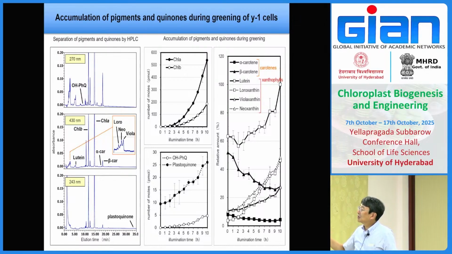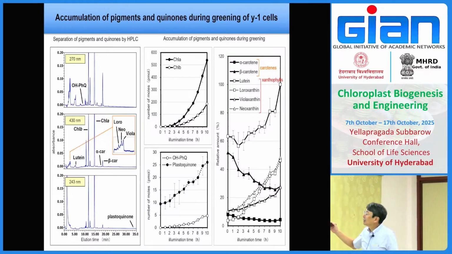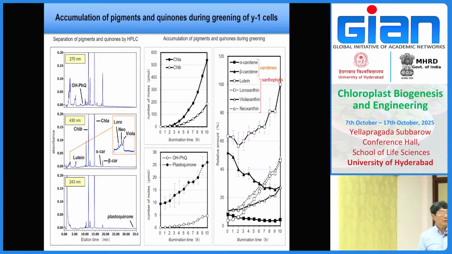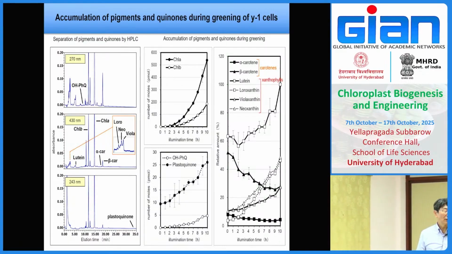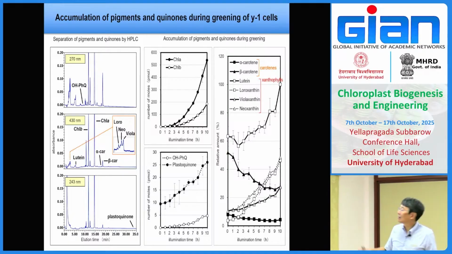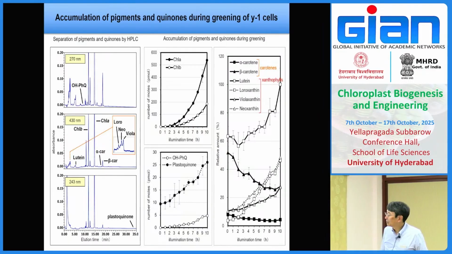And this is the carotenoid. Alpha carotene and beta carotene are carotenes without oxygen atoms. And lutein, rhodoxanthin, violaxanthin, and neoxanthin are xanthophylls containing oxygen atoms, so a little bit more hydrophilic compared to the carotenes.